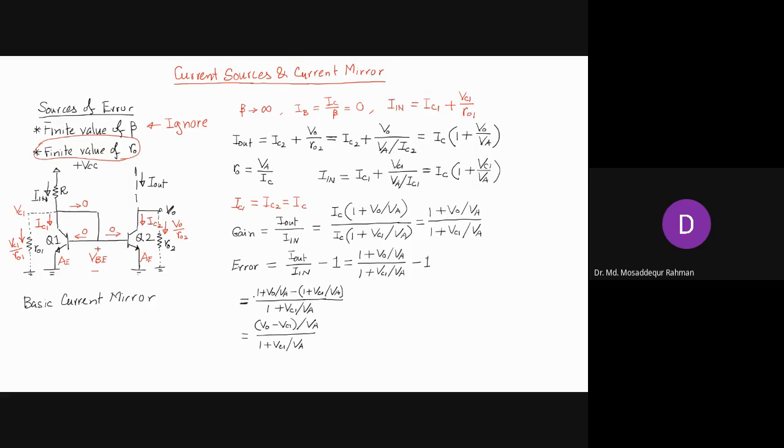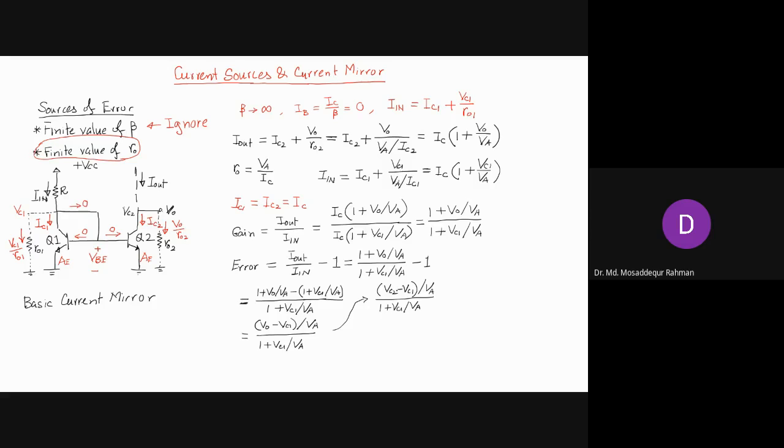Now, what is VC1? V naught is the voltage at the second collector, right? So V naught is the same as VC2, so this we can also write as VC2 minus VC1 divided by VA, and that divided by 1 plus VC1 by VA.